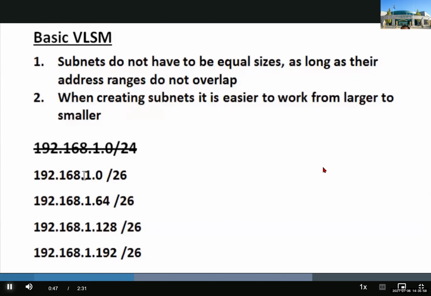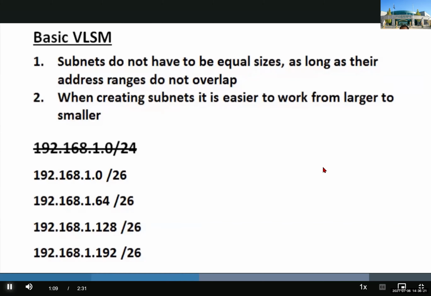I have 4 equal-sized subnets. With VLSM or variable length subnet masks, I can decide that I want to change one of these subnets and further subdivide them into smaller subnets, as long as the address spaces that I create, or the subnets that I create, do not intrude into the other subnets.